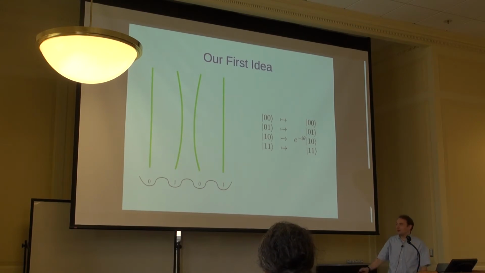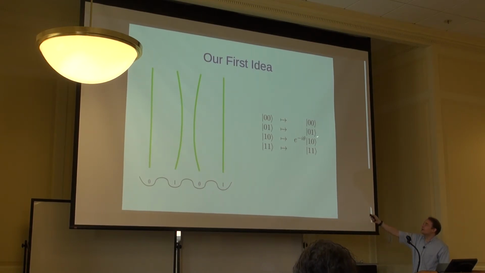And so we say, okay, time is running up as usual on my slides, and so we momentarily take these middle 2 wells, the 1 well of the left qubit and the 0 well of the right qubit, and move them closer together so that this interaction term induced by the lambda phi^4 will become non-negligible. So in all these other states, where we're occupying this well and this one, nothing much happens.